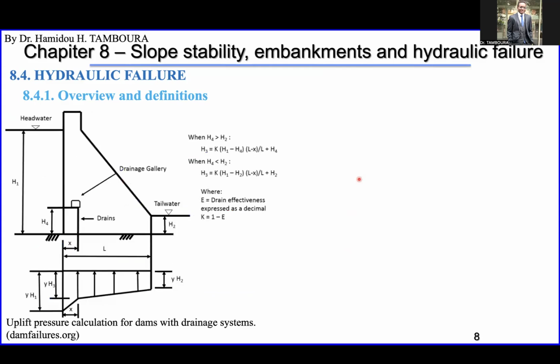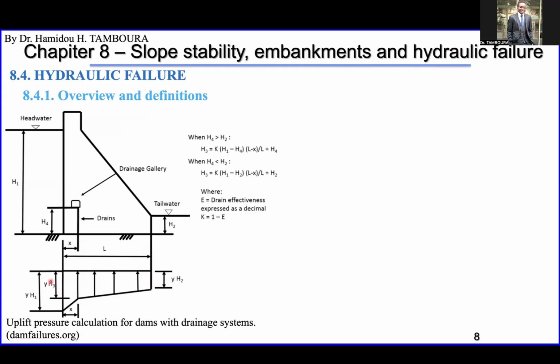This is an example of the case where a drainage system exists, and you can see this drainage system here. In that case, the pressure is high here, but because of this drainage system, the pressure reduces here, and it decreases gradually up to the end here.